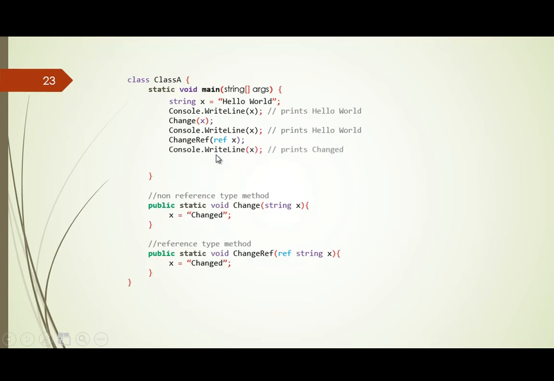So after that, it really prints changed. But I shouldn't have to do that, because only for primitive types should I have to do this, but since it's not a primitive type, it should be passed as reference. So what's going wrong here?